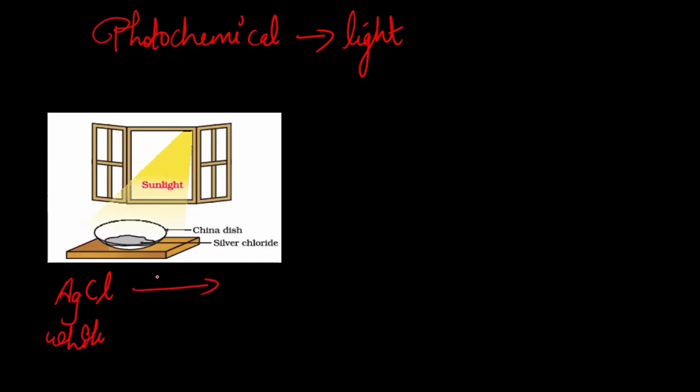In the presence of sunlight, this silver chloride turns into gray colored silver and chlorine gas. So this is a photochemical decomposition reaction.